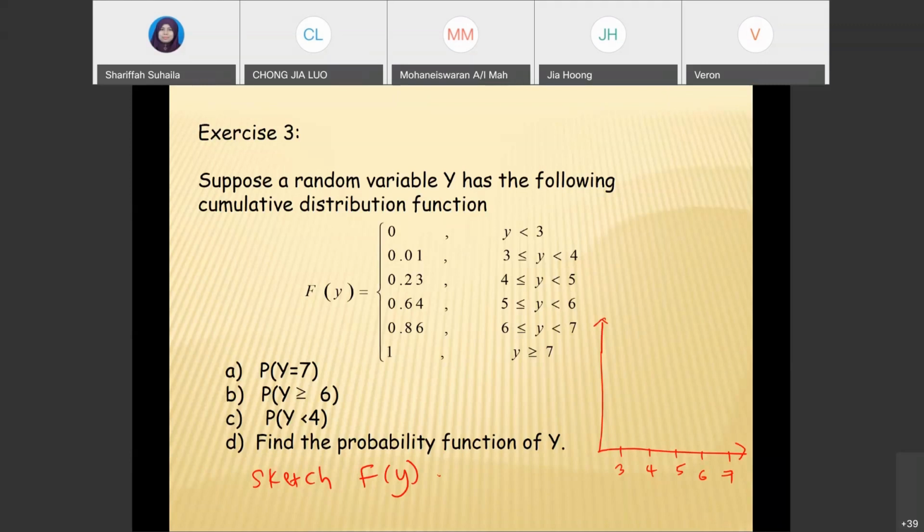This is your capital F and this is your Y. Sketch capital Fy. So for Y less than 3, your capital Fy is 0.